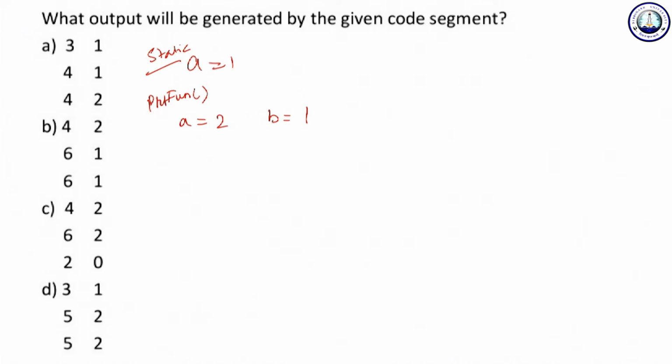Then your formula is A is equal to A plus B, means pre-increment of B. So your A is 2, as we are taking it from here, plus plus B, so plus plus 1, so it is 2. So, 2 plus 2 it is 4.